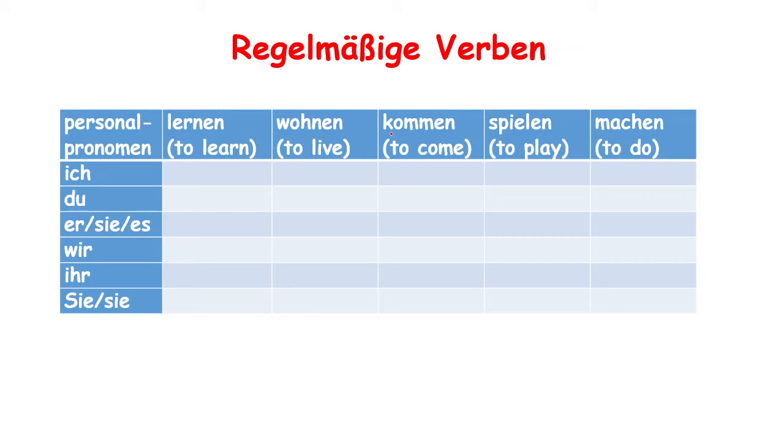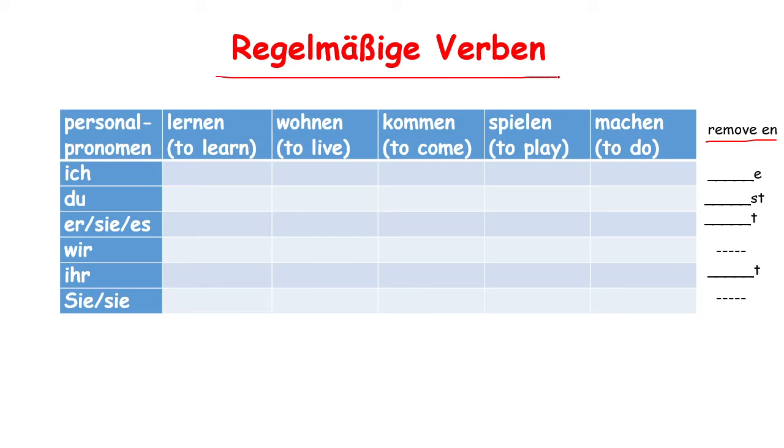Like lernen, wohnen, kommen, spielen, machen. And you can take the example of heißen as well. Remove en, add e, st, t, and wir and sie remain the same. The same rule applies for all the regular verbs, and in German more than 90% of verbs are regular verbs. Ich lerne, du lernst, lernt, lernen.